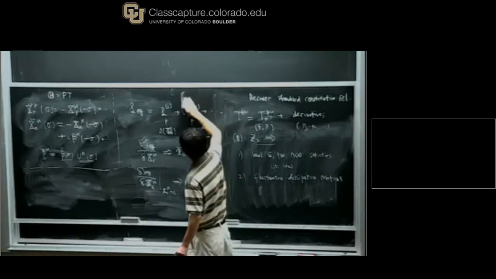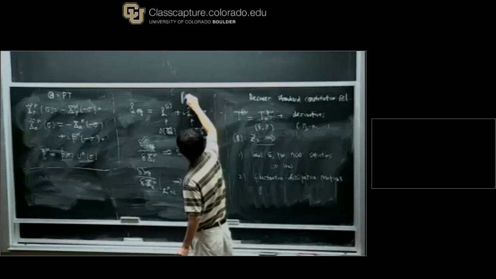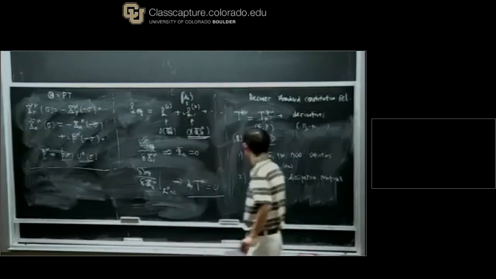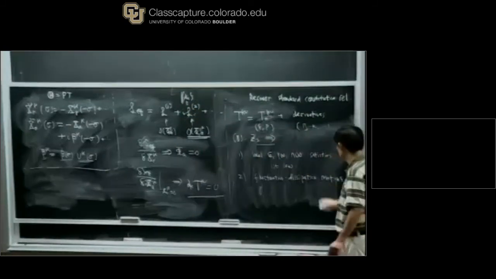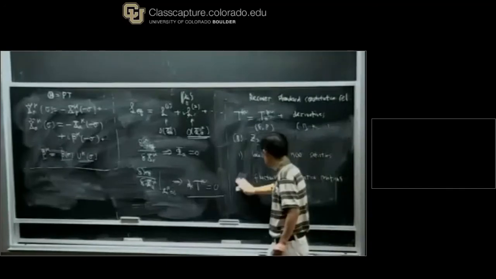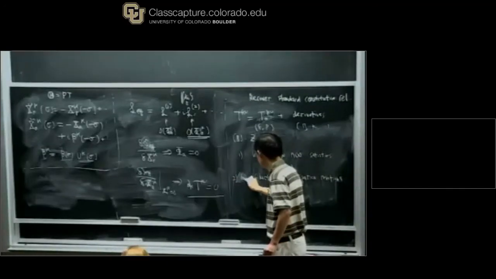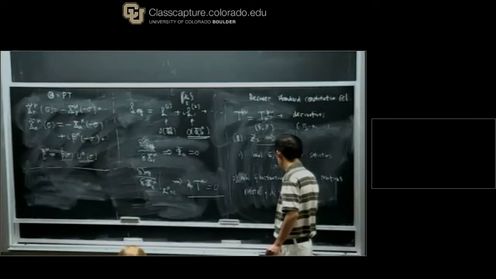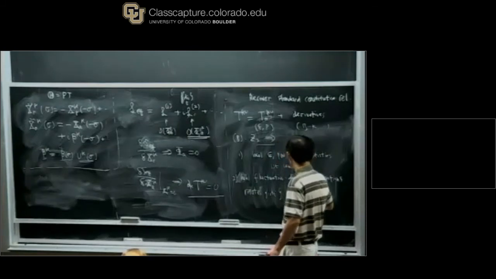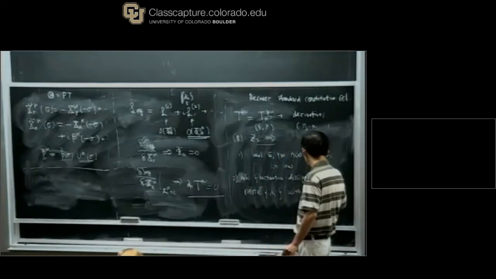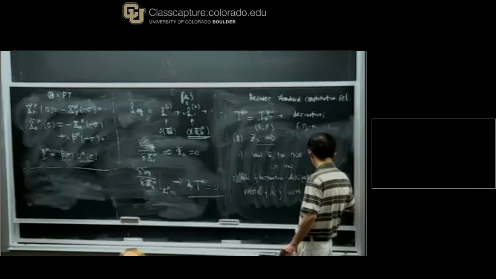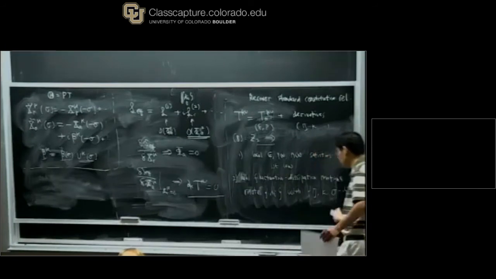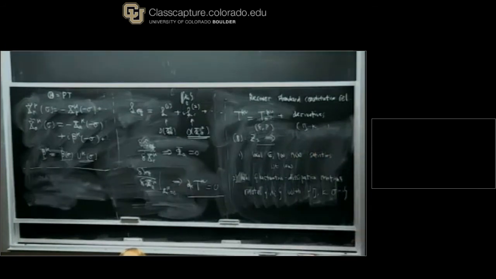Let me call this collection of couplings lambda I. Then you find the local fluctuation dissipation relation, which relates those lambda I with the dissipative coefficients, say eta, kappa, and the conductivity, etc. And again, this comes from this Z2 symmetry.